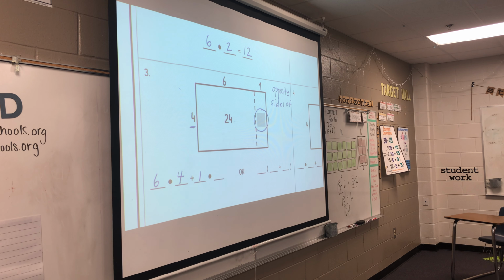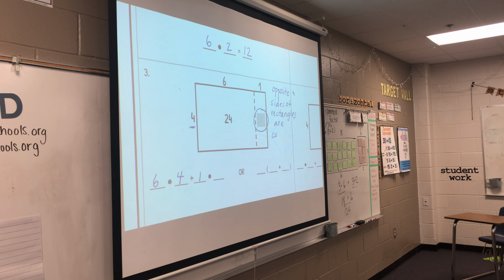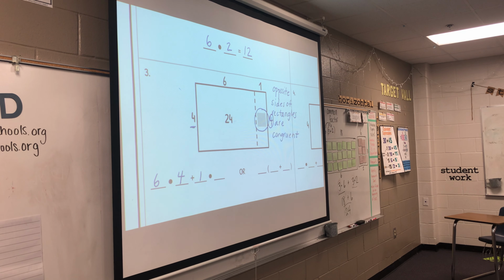You should write this down. Congruent is just a cool way of saying equal. So if one side is 4, the opposite side is 4. Good. So how are we going to figure out what the gray box is?